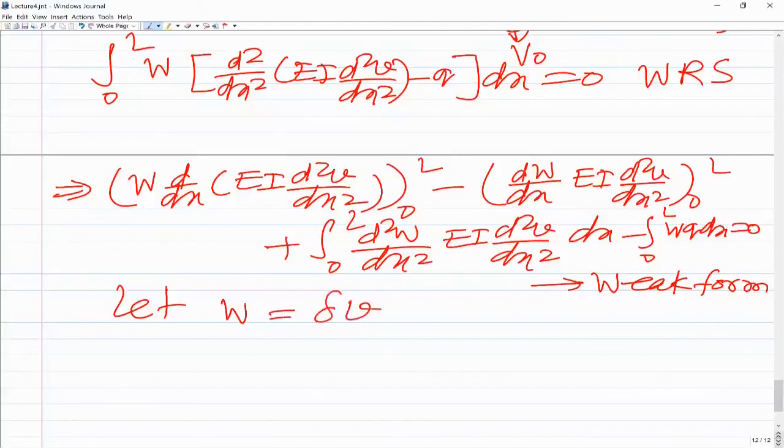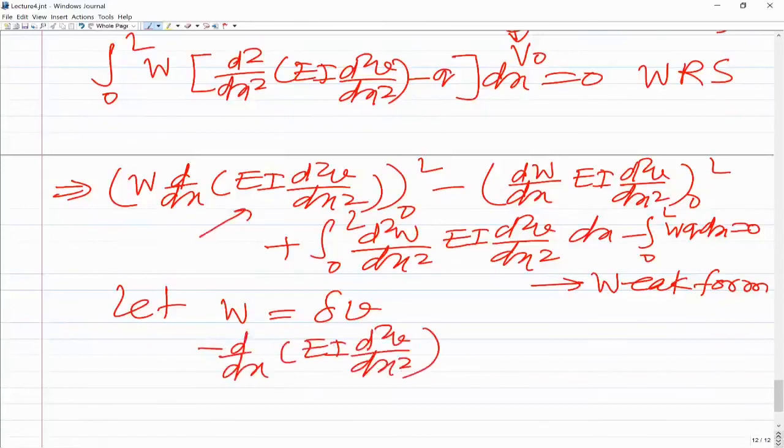And also the secondary variables, that is shear force and bending moment, let me also write in terms of the notations we have used: minus d by dx of EI d2v by dx square. Suppose you don't understand why the minus sign, you can also put a plus sign and assume it, but you should explicitly write that, and then it is also correct.